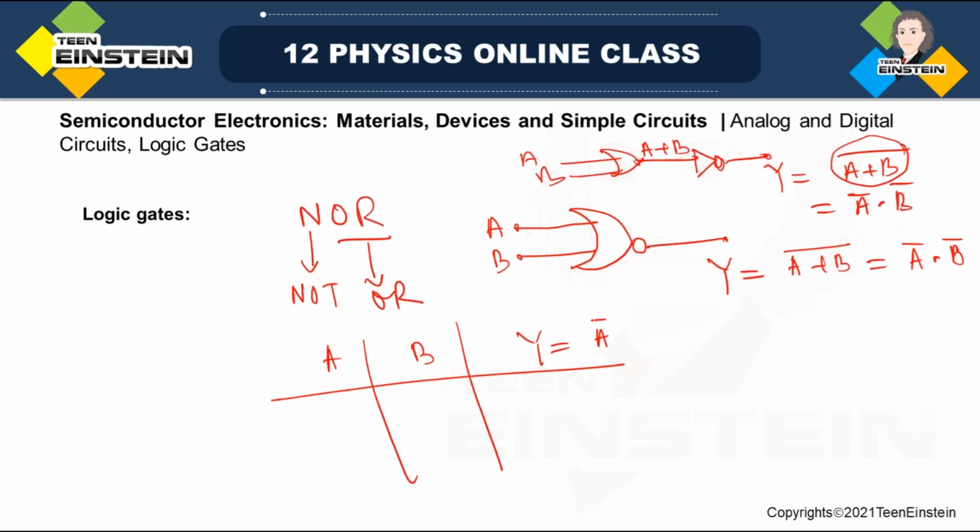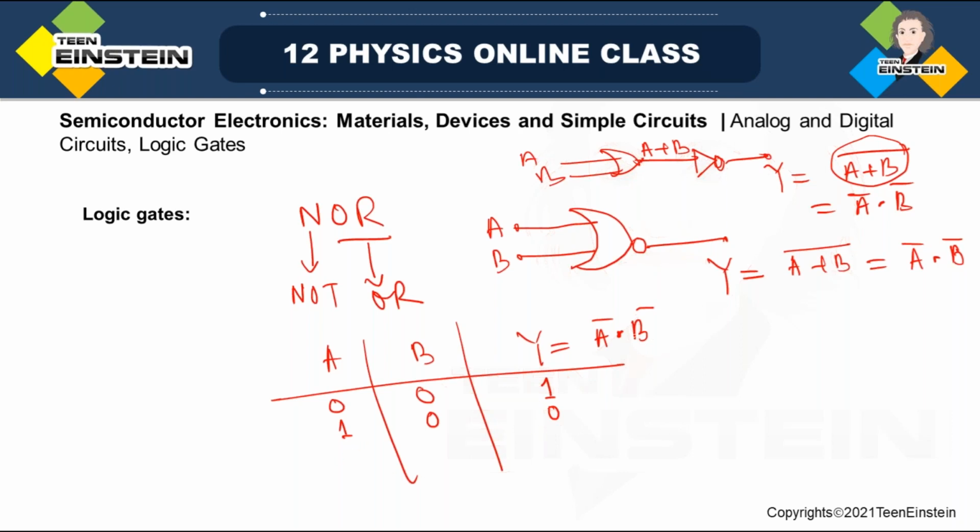Y means A bar dot B bar. So if you have 0 0, then 0 bar means 1, 1 dot 1, that means you get high output, right? Now suppose A is at high level and B is at low level, then you get 0 output.